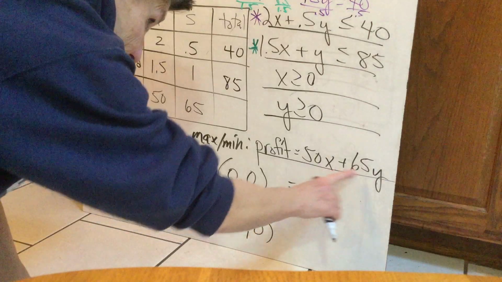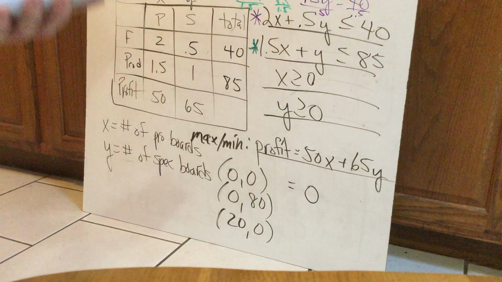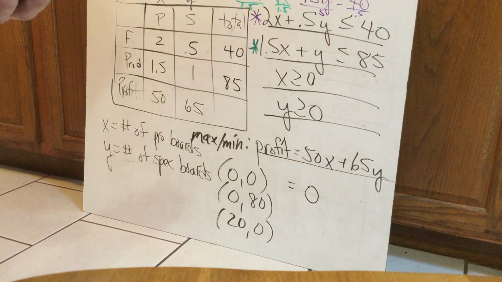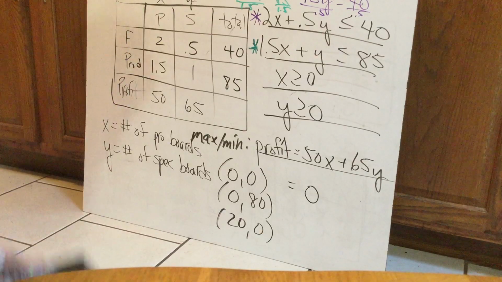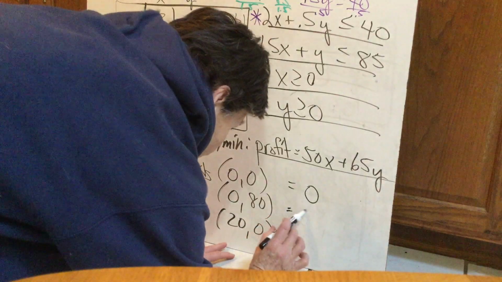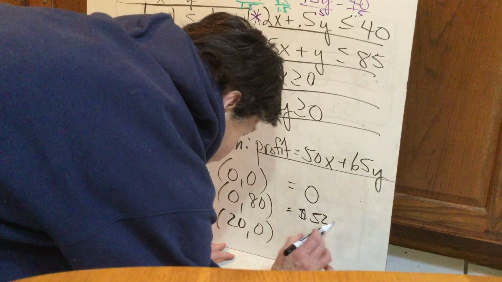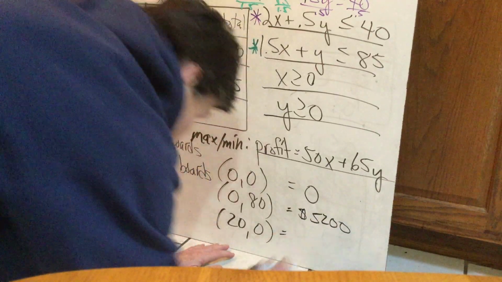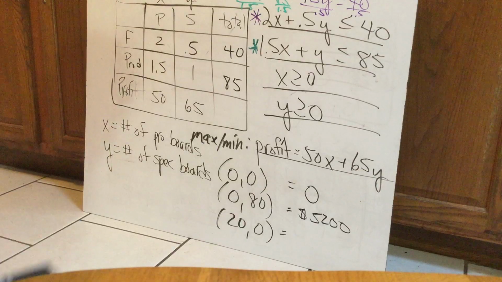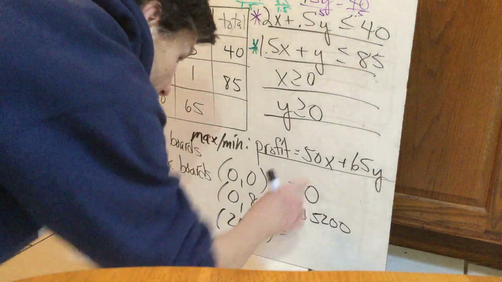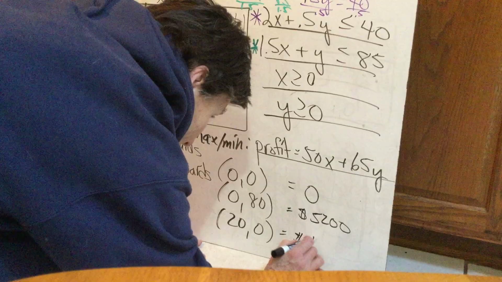If I make none of these but 80 of the Y's, I'd make $5,200. And if I make 20 of the X's, I'll make $1,000.